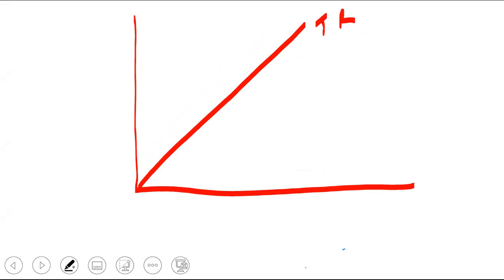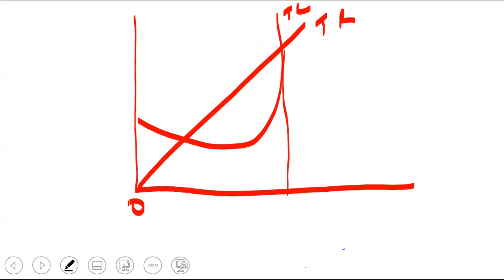This is for the students who are not attending. This is the TC. So where the gap is maximum, that point we are considering as the equilibrium. TR and TC method. The second method is very, very popular. That is the MR and MC method.